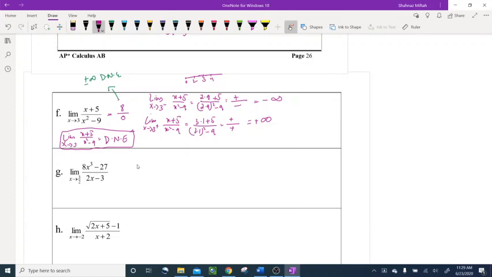Let's try this one. I'm going to give you something really good to remember for the cubic function, and I have to write it down so you would be able to remember it. Okay, if I have a cube minus b cube, then it's going to equal a minus b.